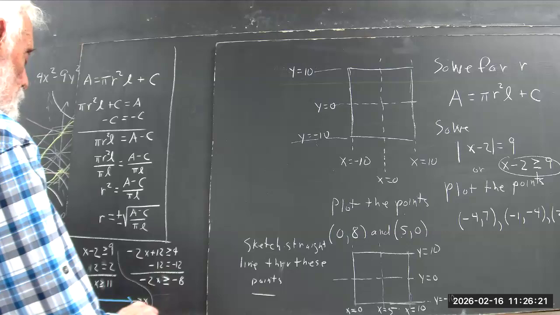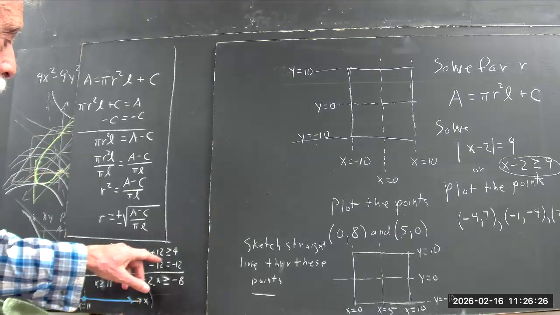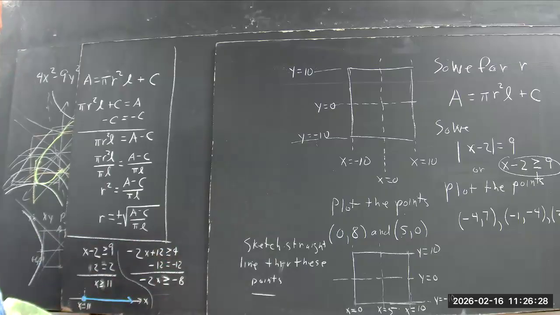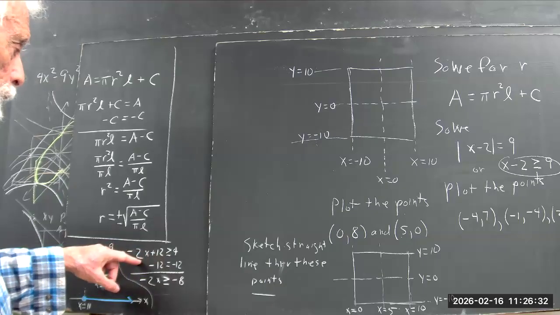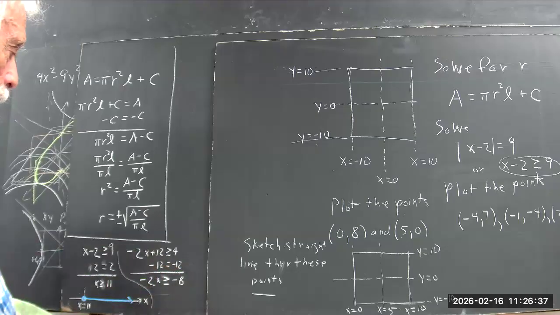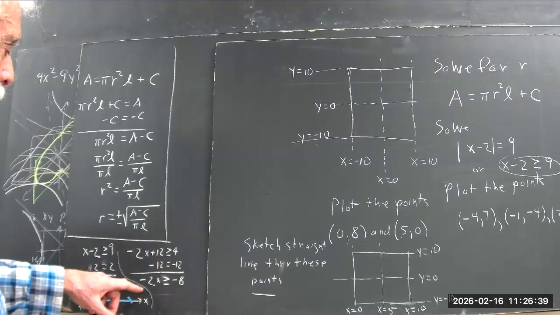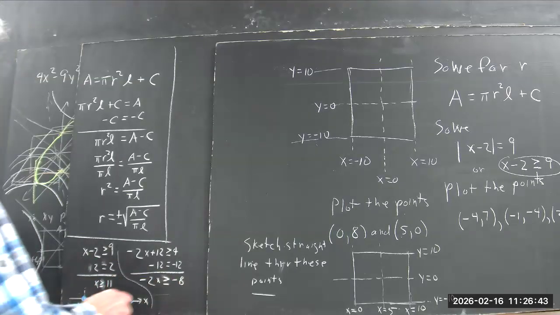And I hope that's not confusing. Again, the original inequality is negative 2x plus 12 greater than or equal to 4. Solving this, I want to get that 12 away from the x. So I add the equation negative 12 equals negative 12, which gives me negative 2x greater than or equal to negative 8.